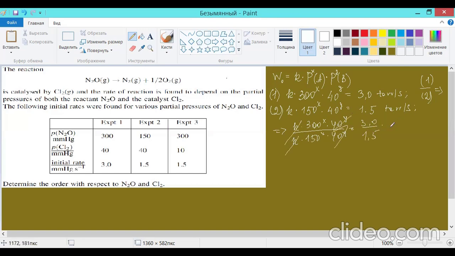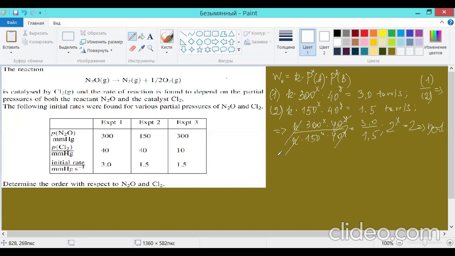So this equals 2 raised to X, and that is 2. That means that X is equal to 1. We have just found the order with respect to N2O. Now we can find Y.